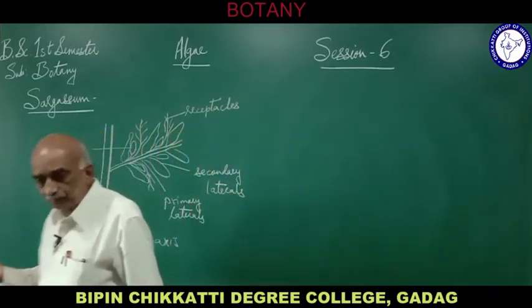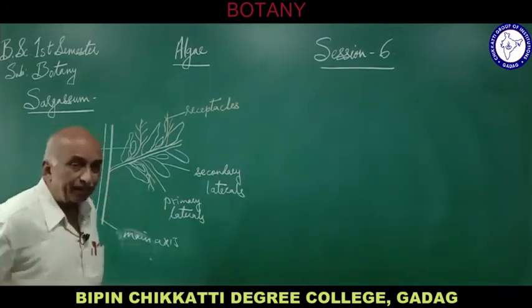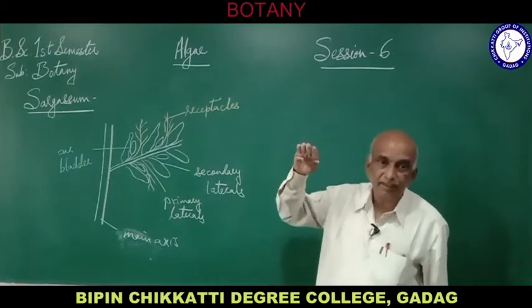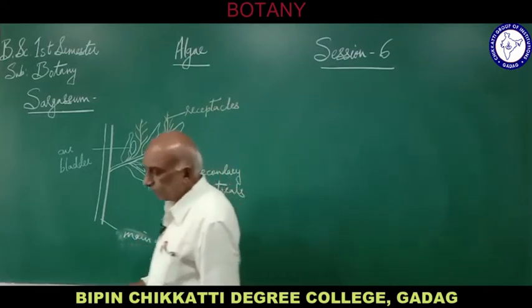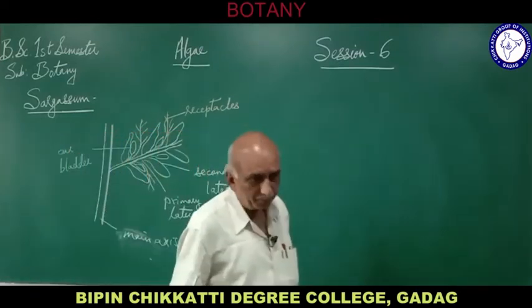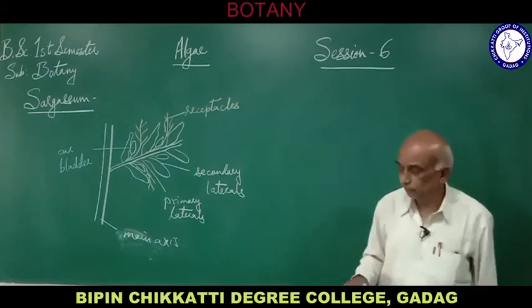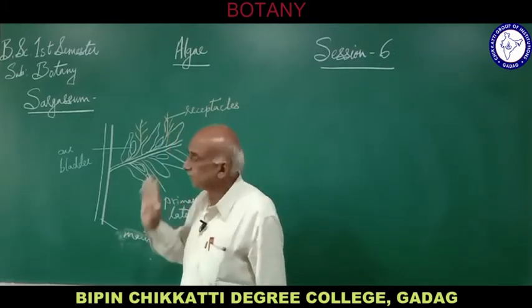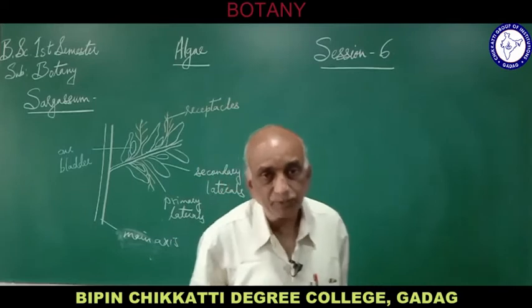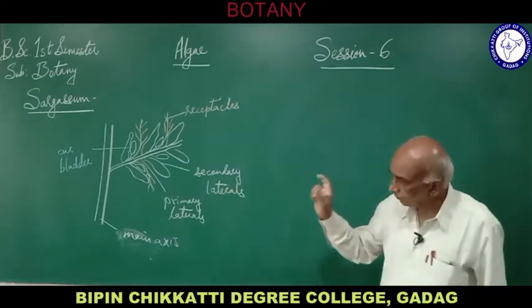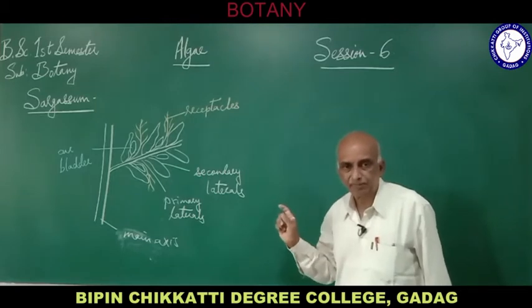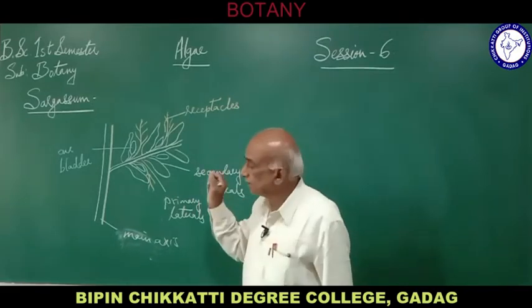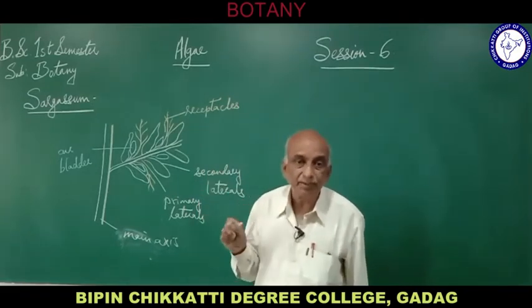So though the Sargassum, the brown algae, grows to about 30 centimeters in length, which is nearly half a meter, the plant body appears like an angiosperm plant. When we see the body of Sargassum, we think that it is the plant body of an angiospermic plant.